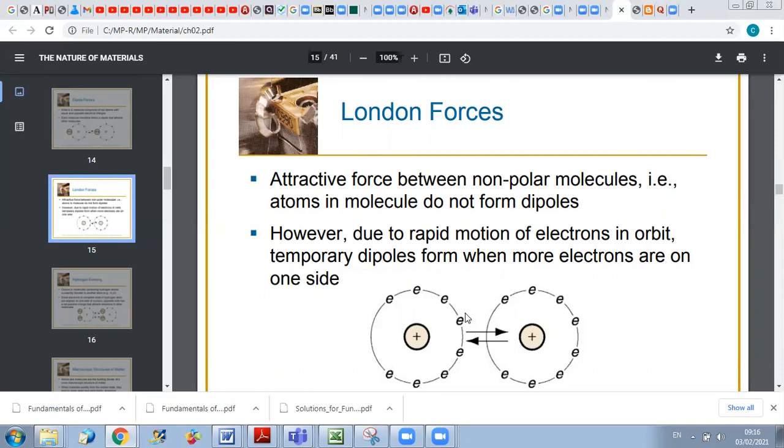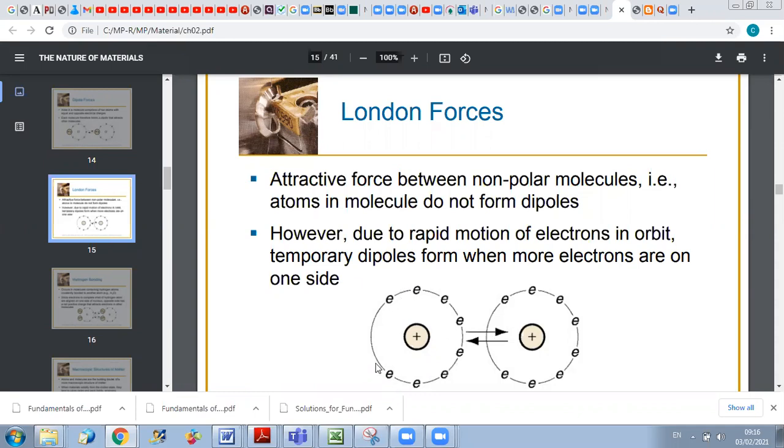But due to the motion of atoms or molecules, we will have a certain dispersion of electrons. We will have zones with a higher number of electrons than others.